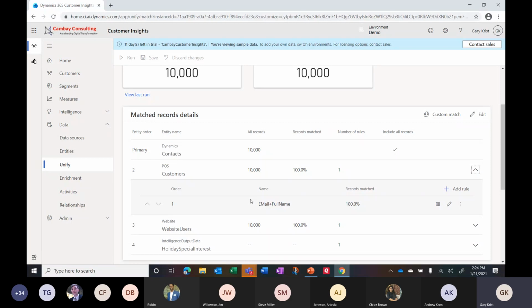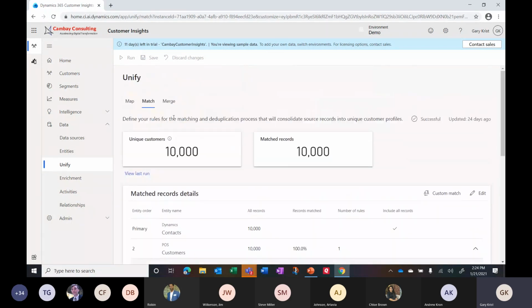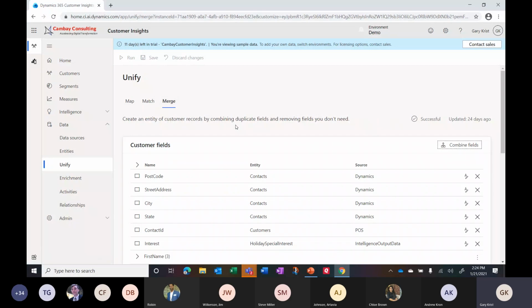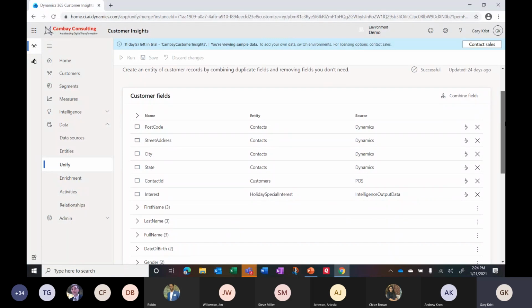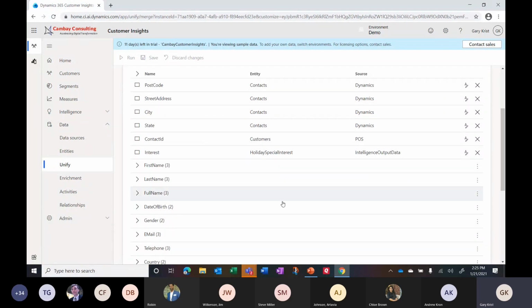What this is all doing in the background is not only matching these records, but also merging them together. It's created one data set that has all the fields from the combined 4 databases we showed earlier, and brought them all together into one data lake and into one view.